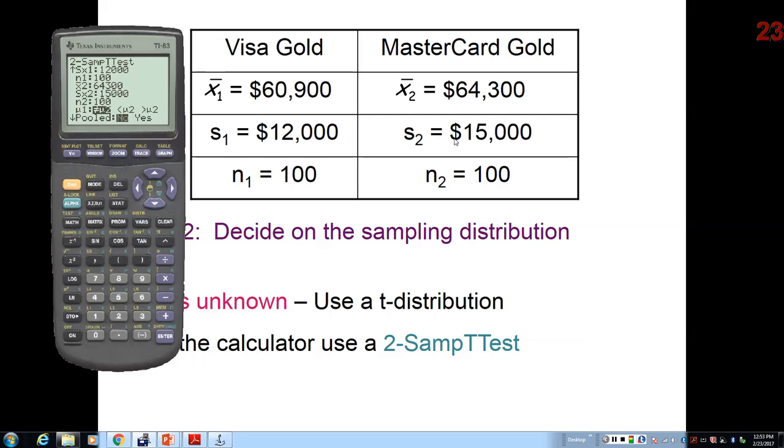If you get different numbers, it's not pooled. Okay? You might have some questions on that in my stat lab. If they say assume variances are equal, then what you're saying is, assume that population variances are equal, then you're going to say pooled. Okay?